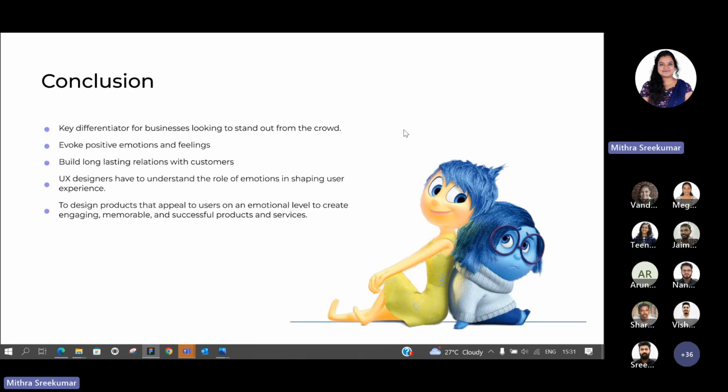And as the UX designers, what we have to do is that it is we who create those emotions in the people who use the application or a product, and it is our duty and our skill to develop better or positive emotions for the user in order to create the better UX.